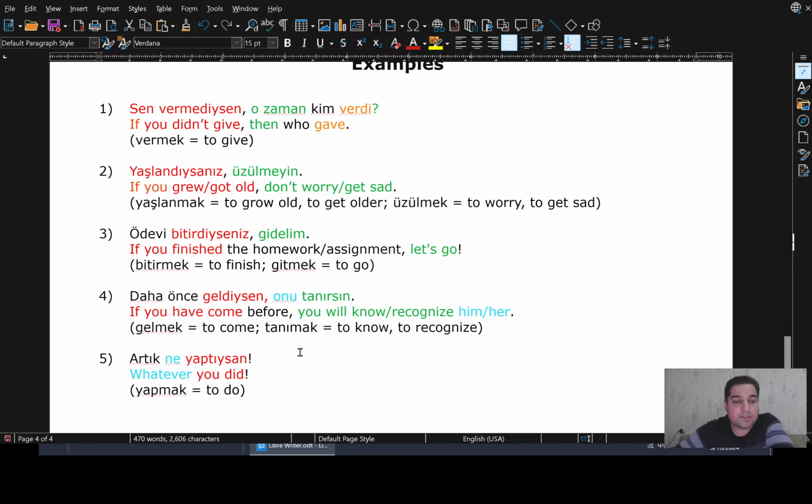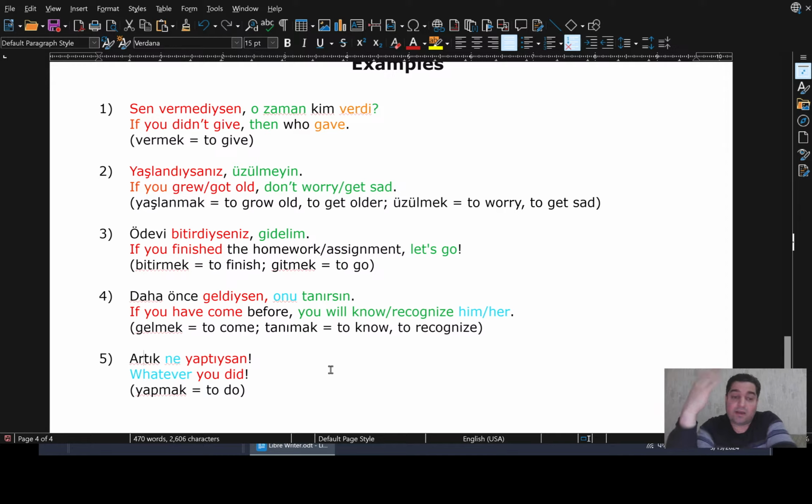And the last example I have is "artık ne yaptıysan." Now this is very much used in the Turkish language as a phrase, as a kind of rhetoric. "Artık" normally means anymore, no more, already, okay? But here it means kind of, God knows what you have done. "Artık ne yaptıysan." So for example, imagine your mom screams and yells at you, you come downstairs and your father looks at you and says, "artık ne yaptıysan", why is she screaming, right?